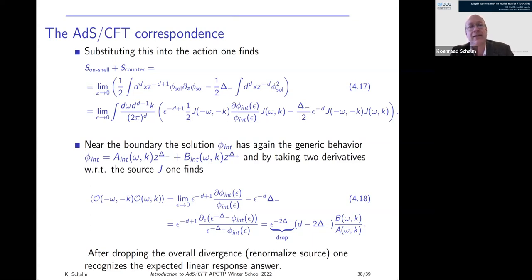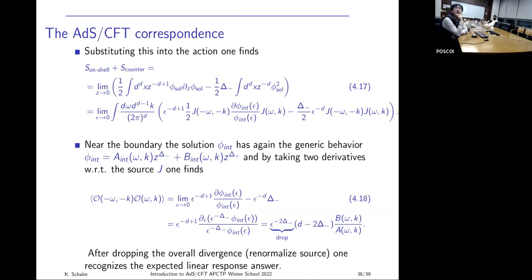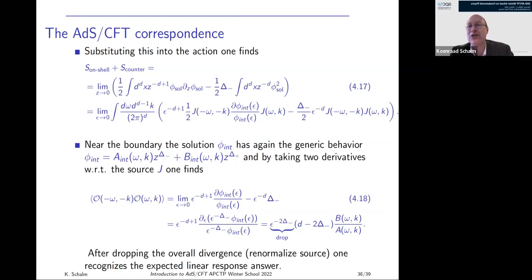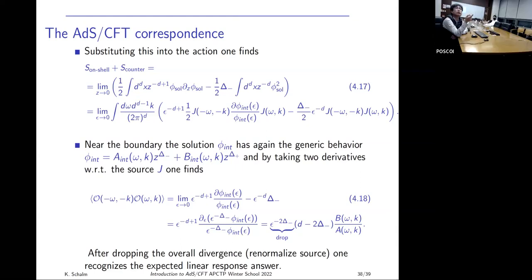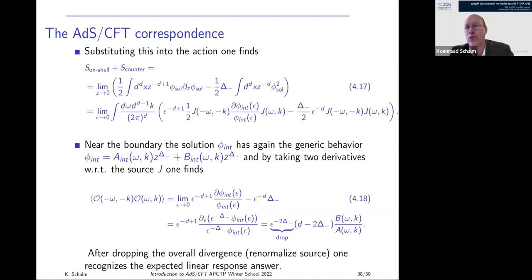But if you take not pure AdS but, let's say, an AdS black hole, which we'll do later, or other situations where the AdS has some structure in the interior, you will actually see that both solutions have meaning, and they're easily extracted.